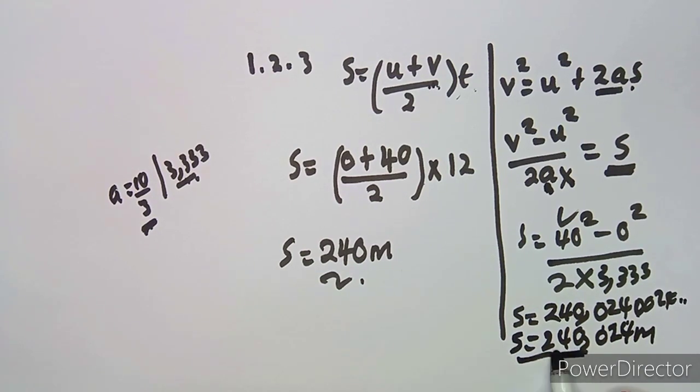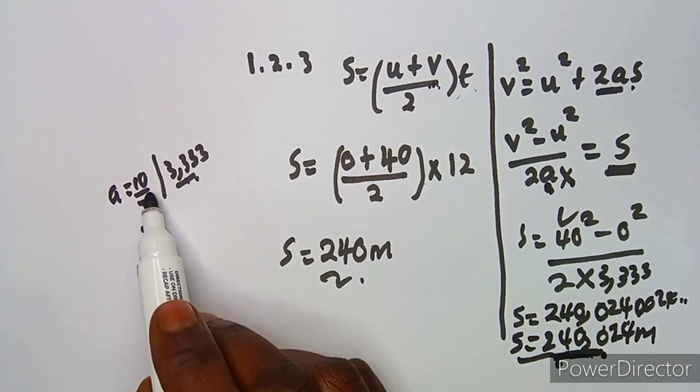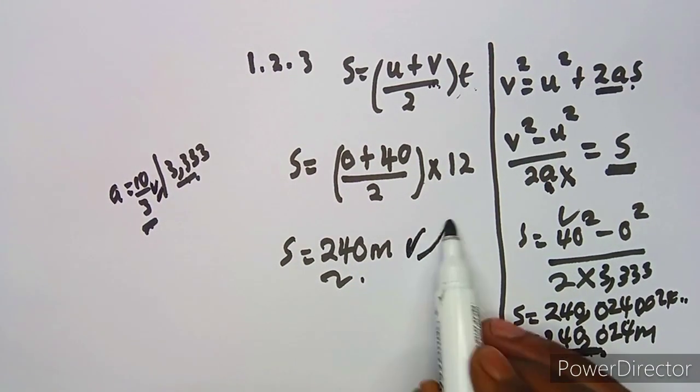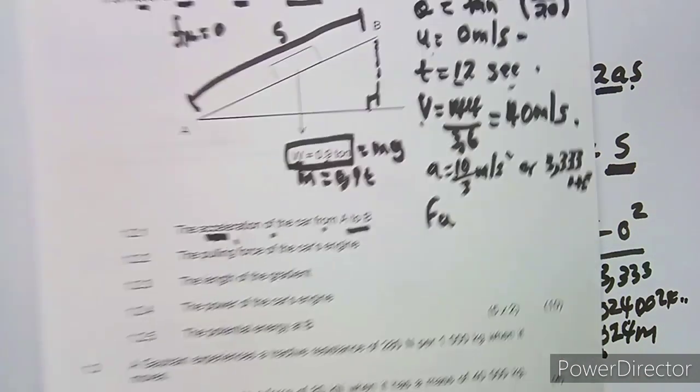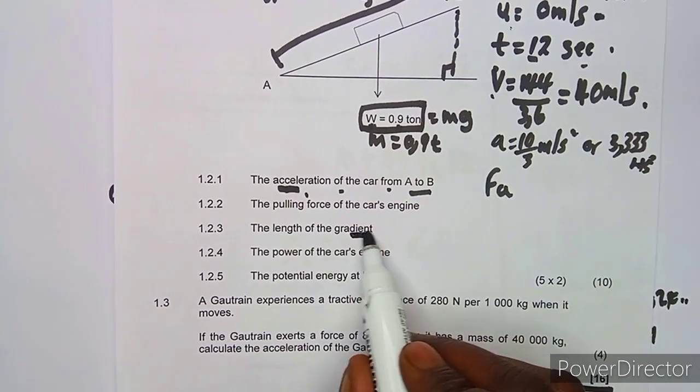So as you can see, your answers are slightly different, but if you use 10 over 3, you're going to obtain exactly 240. So that's why we said we have to choose which one is best according to what you wrote there. All right, so that is the length of the gradient.